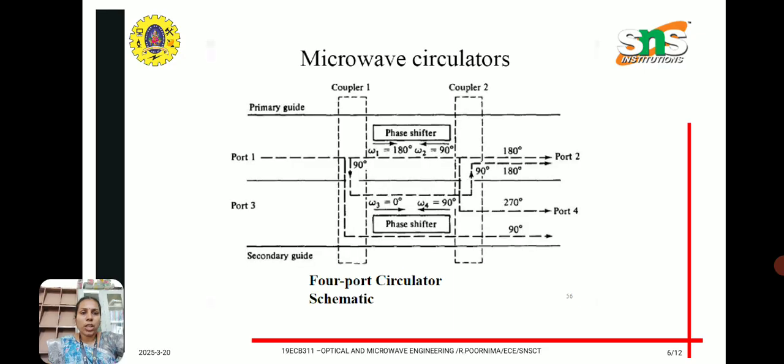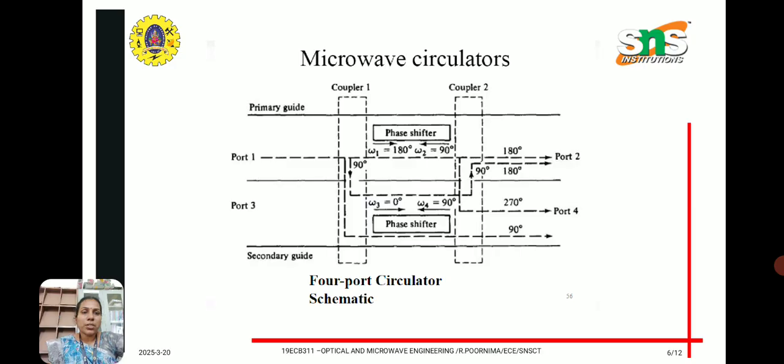A 4-port microwave circulator can be constructed using directional couplers. Here 2 3 dB couplers and 2 phase shifters are used. This can be used as a 4-port microwave circulator where the input wave arriving from port 1 is phase shifted by the phase shifter by 180 degrees and arrives at port 2.